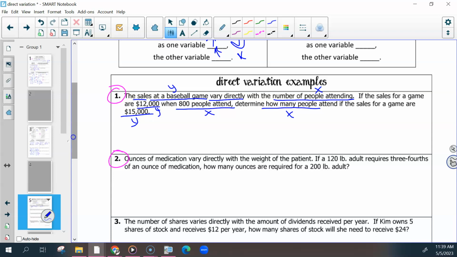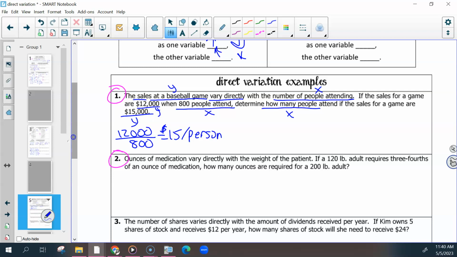So use the first two to find k. Divide those, tell me what you get. And because this is our constant k with a word problem, we can say this is compared to y over x, so dollars over people, or $15 per person, is how we would say that.